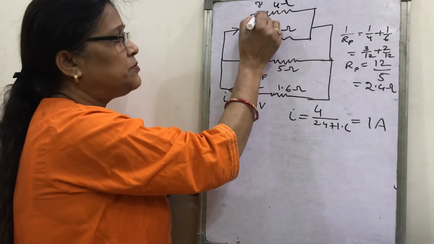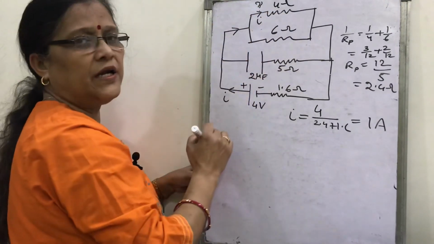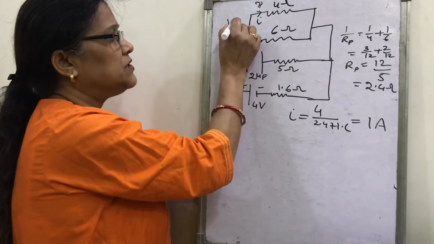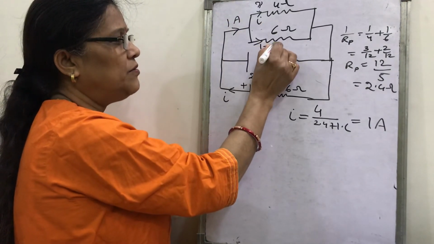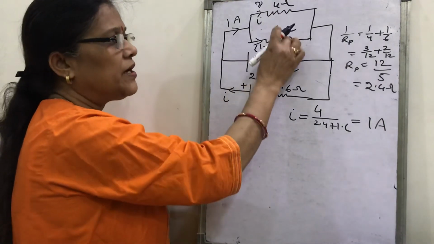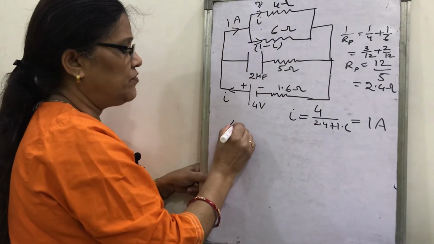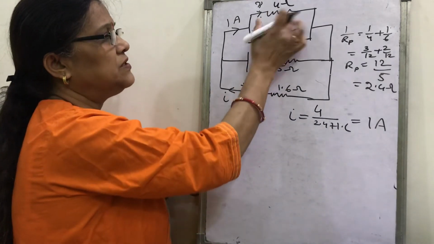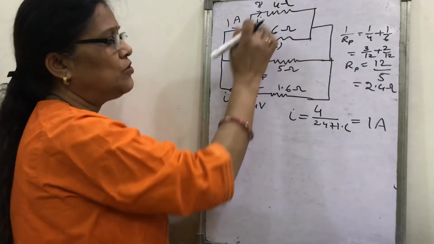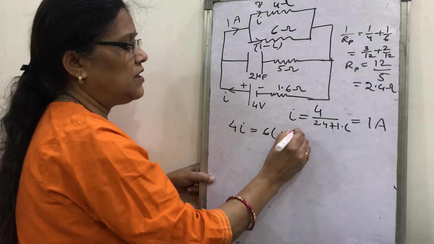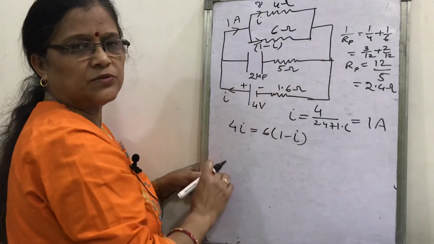Suppose in this branch you have to find the current. Suppose I current is flowing through 4 ohm. How much current will flow here? Because this is 1 ampere, so this will be 1 minus I. Both are in parallel. What is same in parallel? Potential. So it will become 4 into I, potential difference across 4 ohm will be same as 6 into 1 minus I, potential difference across 6 ohm.